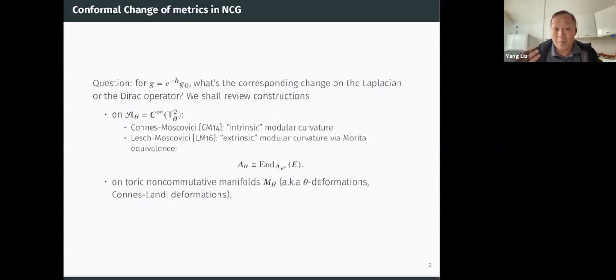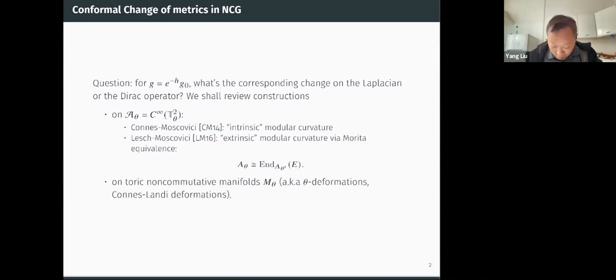Because, for example, the Laplacian is this d times this d star, the adjoint, basically these underlying inner products play a crucial role in the construction here.